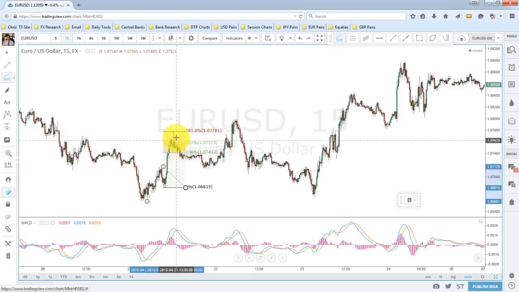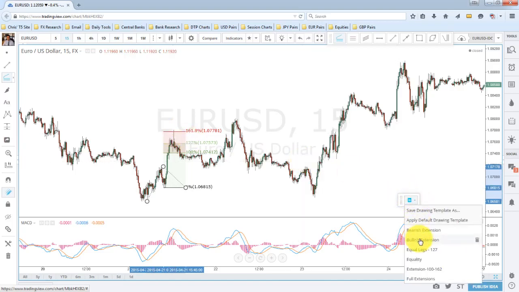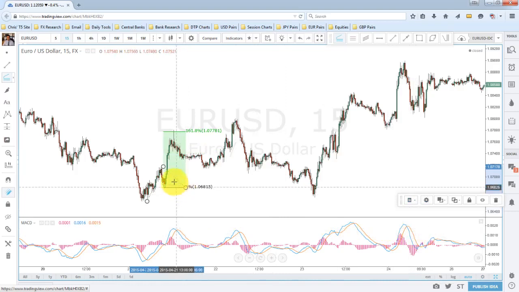When price extends to that 162% in this cycle, that gives us what we call a bullish extension. Okay, so the way I would actually mark that on my chart for a bullish extension, right here, just gives us a clearer look of the initial rally, the pullback, and this cycle extended to the 162% Fibonacci projection level.